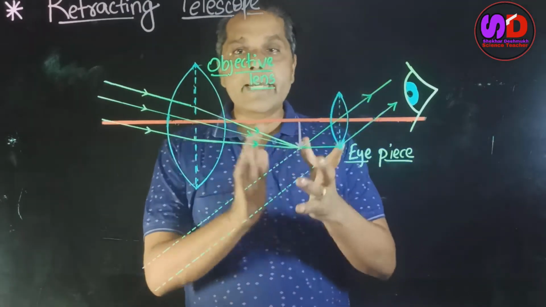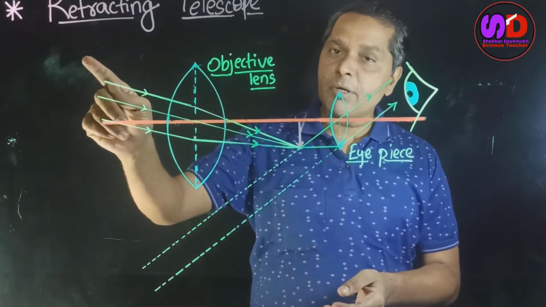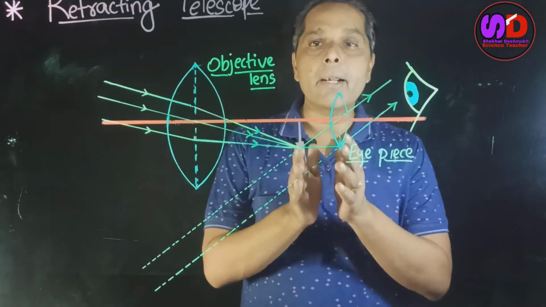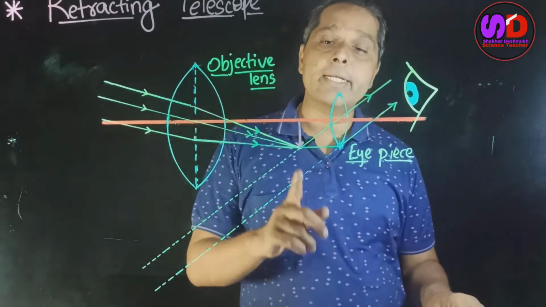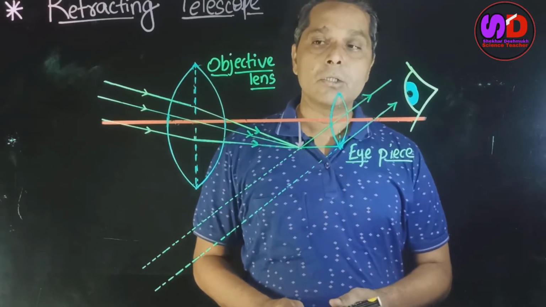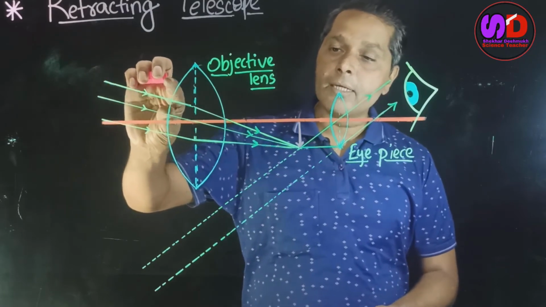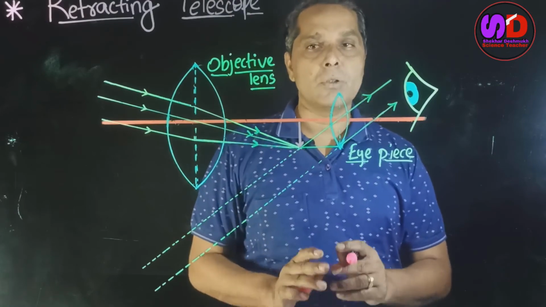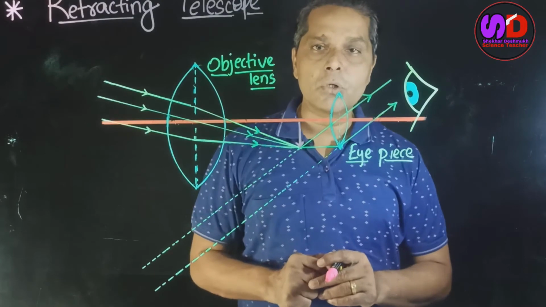The second most important thing is that the light rays which are coming from infinite distance are normally parallel to each other, and therefore the image of such an object is formed at focus. That we learned. So here the light rays coming from the distant object get collected and the image is formed, not exactly, but very close to the focus.